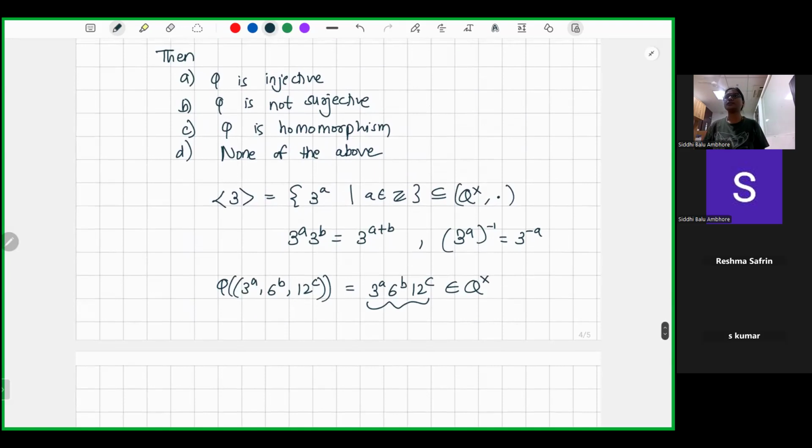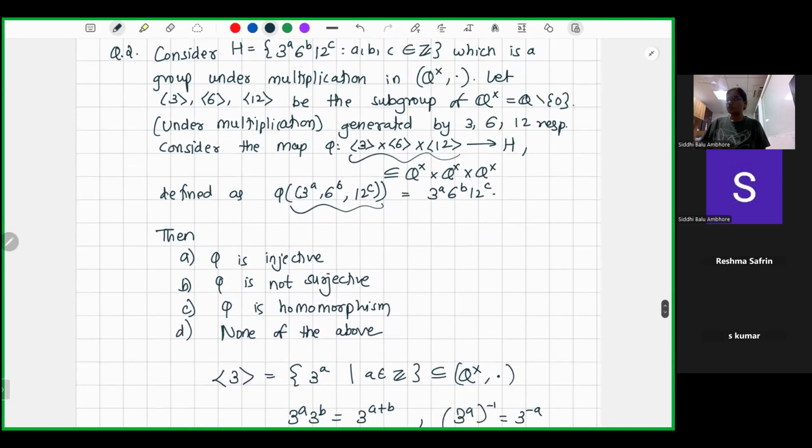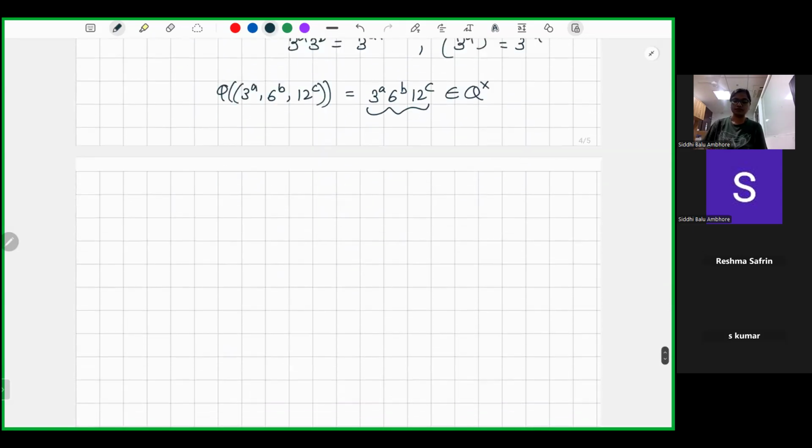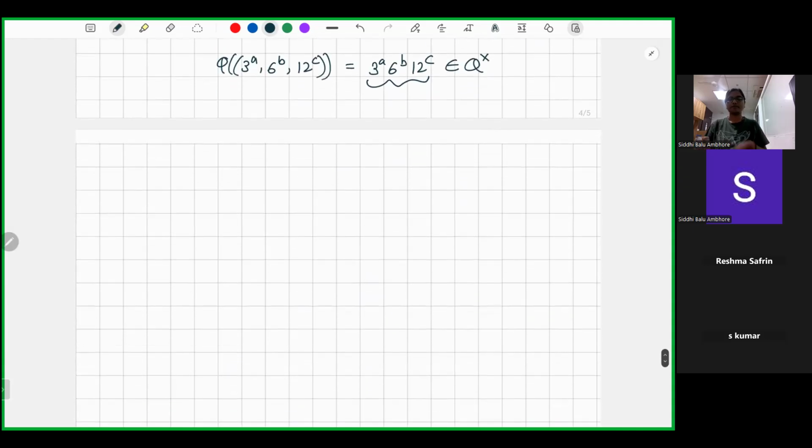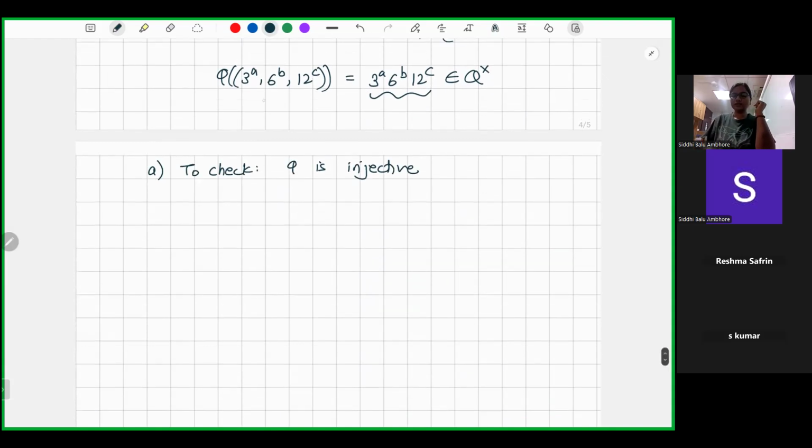Please feel free to ask doubts if you have any. So we are asked whether phi is injective or not. To check whether phi is injective, we have 3, 6, and 12, and here it is just a number.